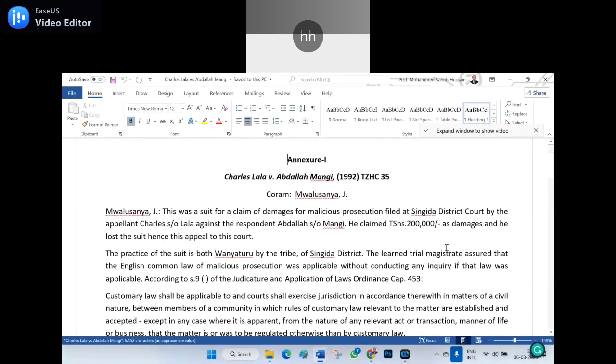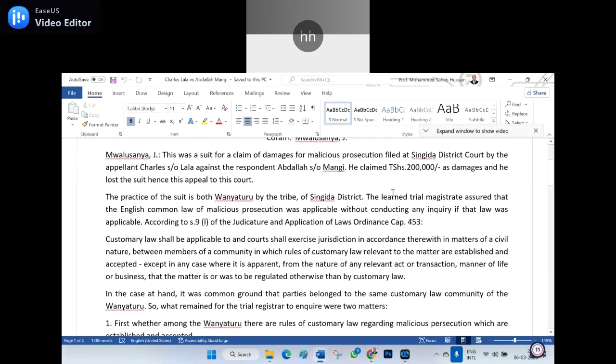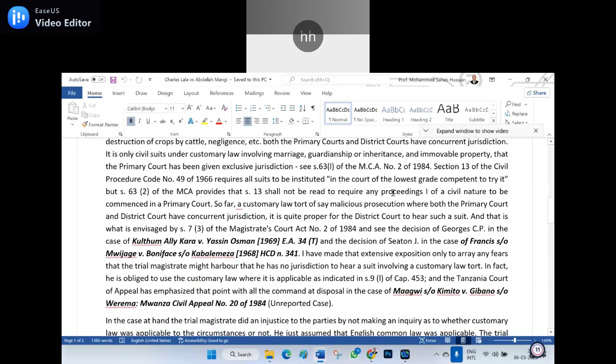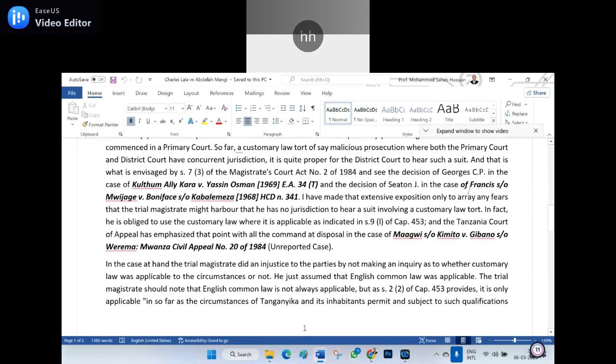In Annexure 1, I have given the title of the case law with the citation and the quorum, the judge who decided the case law, and from there we can find the facts. See, the cases referred to in this case law are given here. Francis, son of Moijage versus Boniface, son of Kabalemeza.